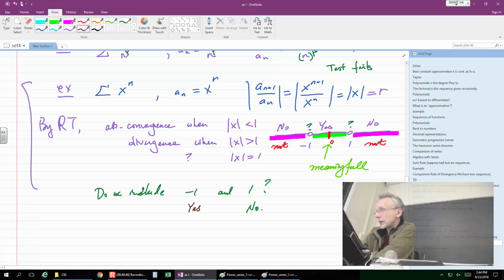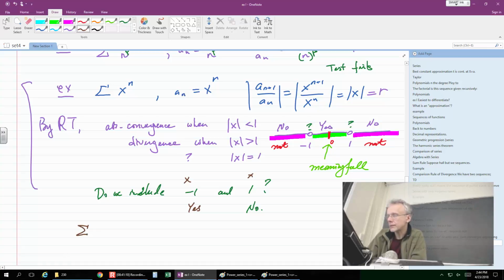How? We just plug in x equal 1 and x equal -1 and see what happens.